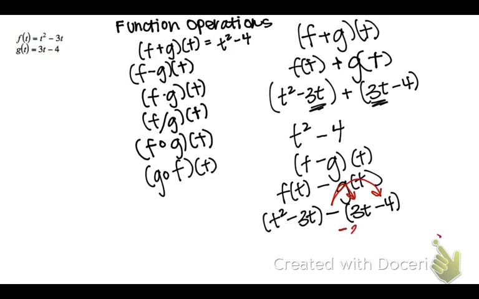So this becomes a negative 3t and a positive 4. Then we can combine terms, so t squared, negative 3t minus 3t is negative 6t, and then plus 4. So this would equal t squared minus 6t plus 4.